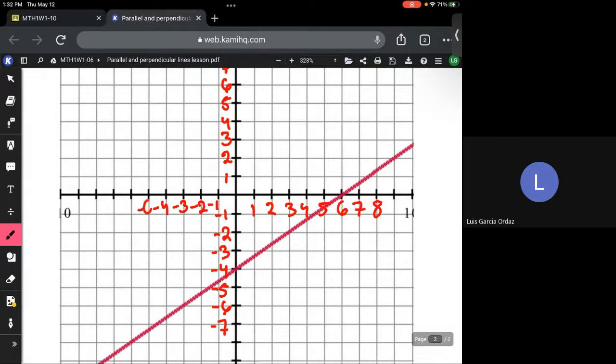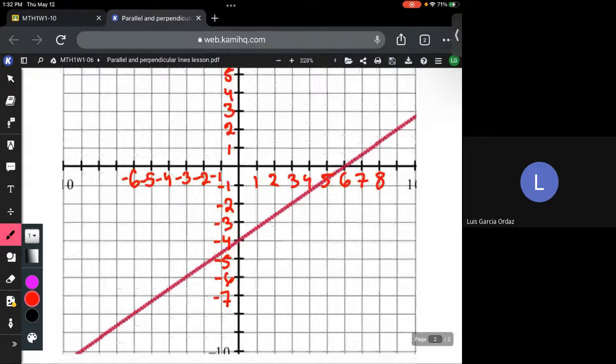Okay, so what points do you want to use to figure out our slope for our parallel line? So what points on the red line do you want to use to help us find our parallel slope? Adam. (0, -4). Okay, and what else? (5, 0).